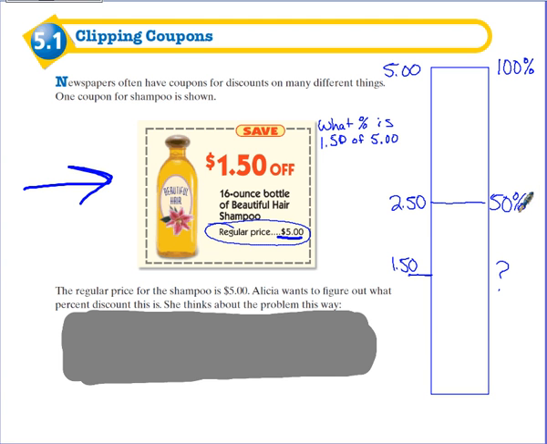Okay. 50 cents would be down about right here somewhere. How many 50 cents are there in $2.50? Well, if you think about it, 50 cents, $1, $1.50, $2, $2.50. There should be five 50 cents.